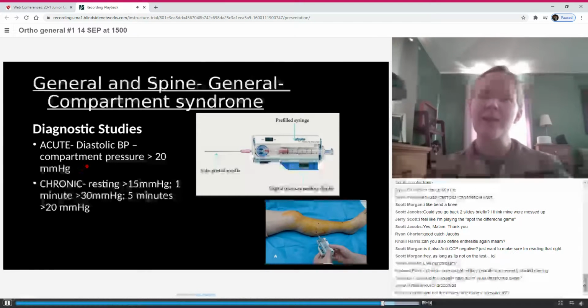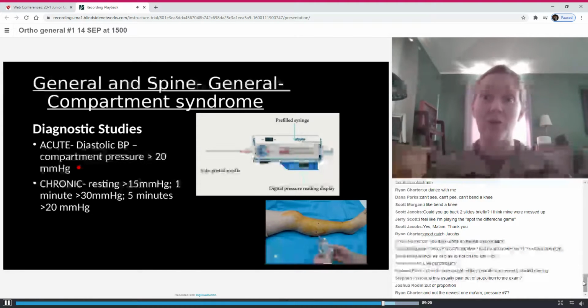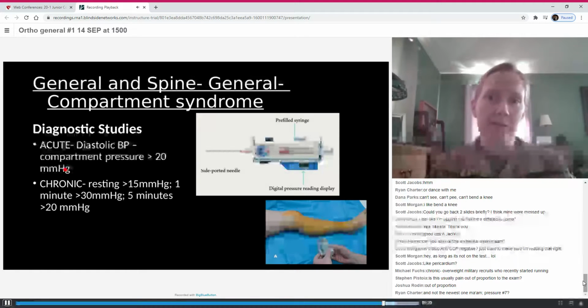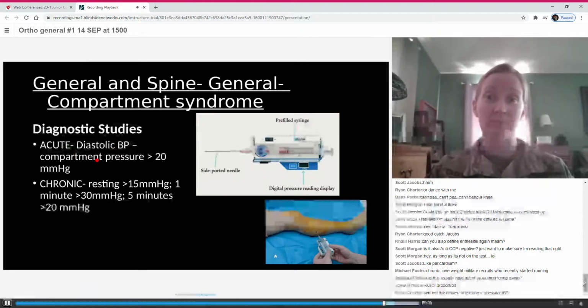If I think this is what's going on, they're getting the surgery to treat it, regardless of what the compartment pressure says. So I kind of say that so that you understand the principles behind why we would care about the pressure within the compartment, but the math does not make much sense, so I don't focus on that in terms of testing.